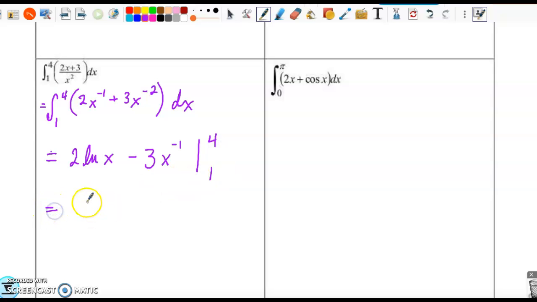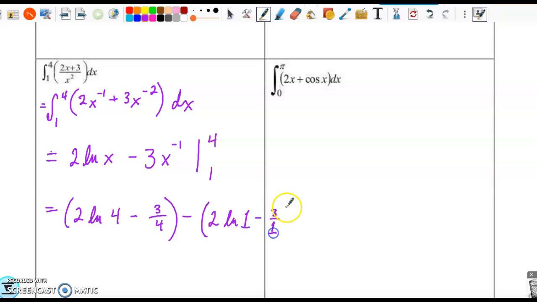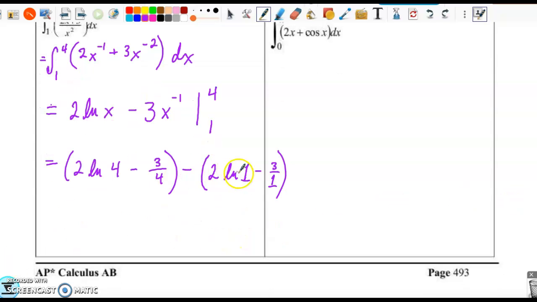And then from here, we need to just plug it in. And remember, to the negative 1 power means divided by. Now, if this were a multiple choice question, my guess is they probably would not leave this answer alone. But they do expect you on the AP test to know that natural log of 1 is always 0.